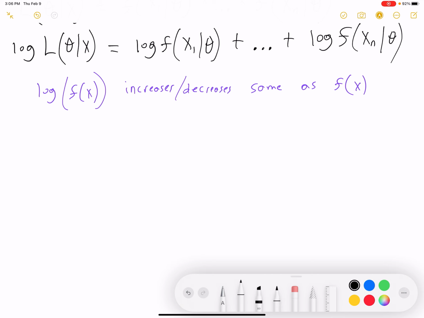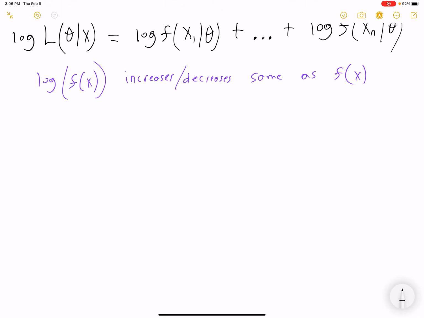So then we talked about maximizing likelihood as a way to do machine learning.